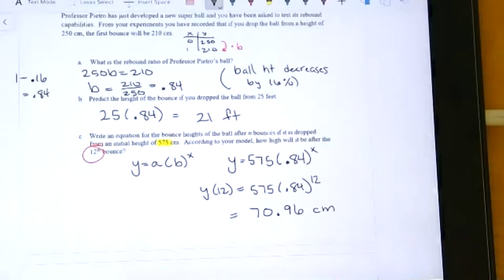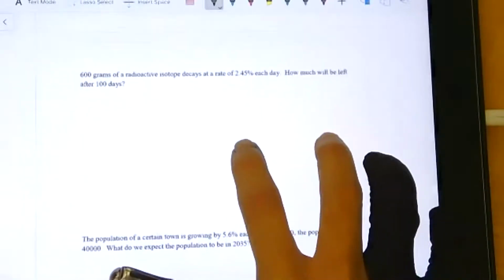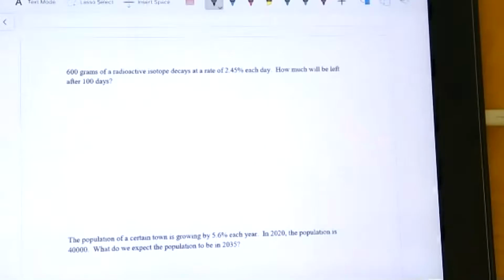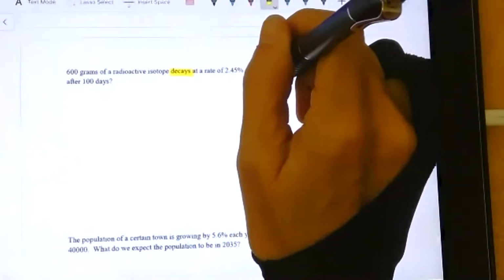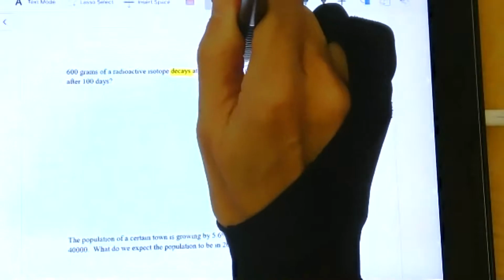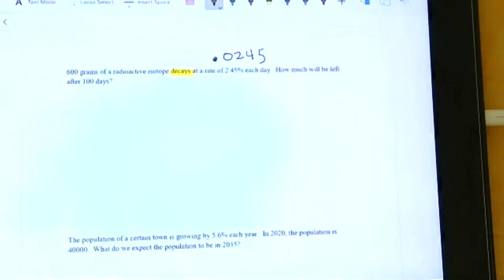Okay. So, 2 more examples. 600 grams of a radioactive isotope decays. Decays means the opposite of growth. It means it decreases. So if something decays, it's shrinking, it's decreasing at a rate of 2.45% each day. 2.45% is 0.0245. That's what 2.45% is.